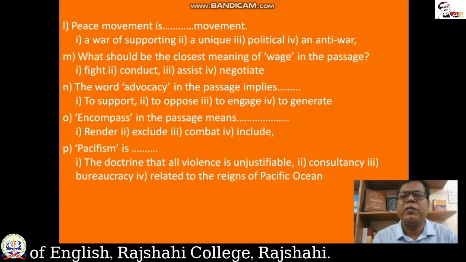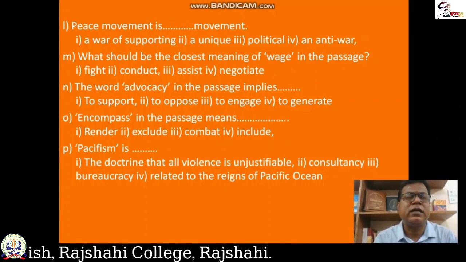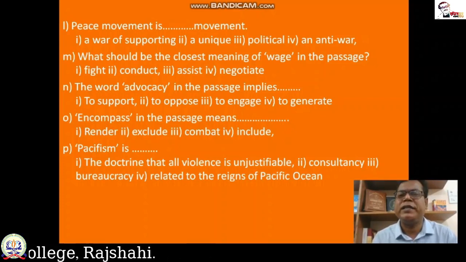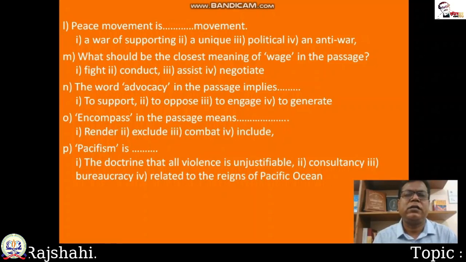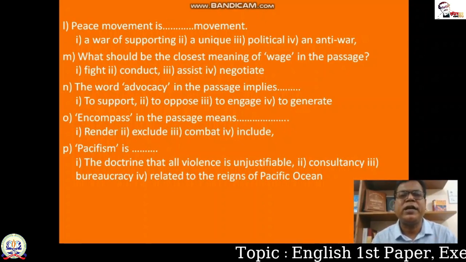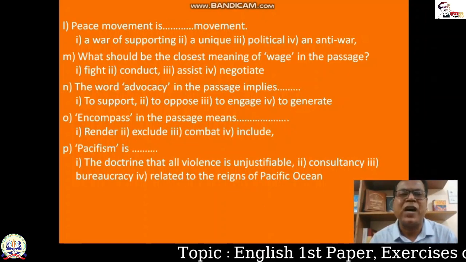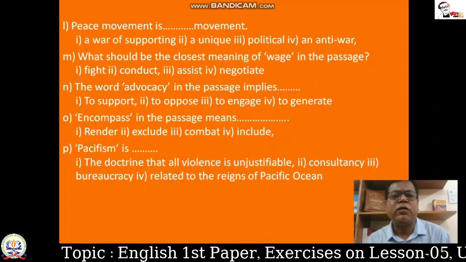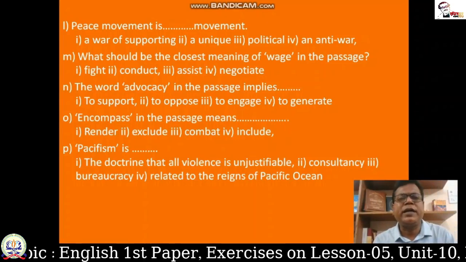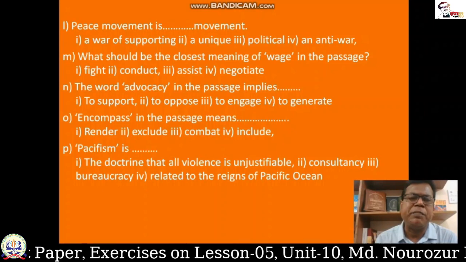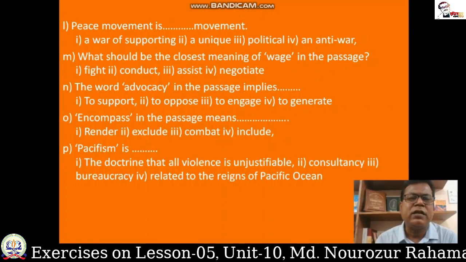So, number 4 will be the correct answer. Number M. What should be the closest meaning of wage in the passage? We have seen in the passage that human beings should not wage war, means make war, create war, conduct war, carry out war. So here we find the correct answer, conduct. So number 2 will be the correct answer. The word advocacy in the passage refers advocate.